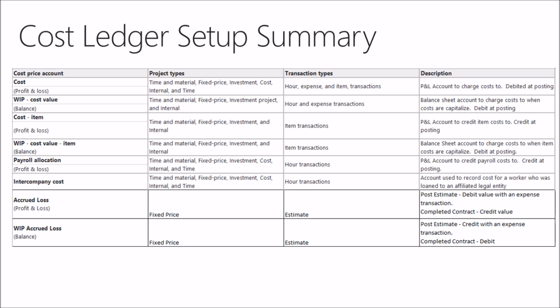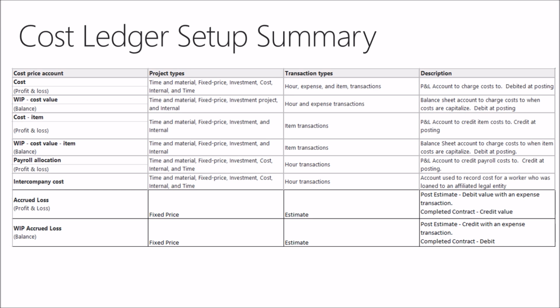And then the second column basically depicts the project types that posting type is applicable towards, and then which transaction types that posting type is applicable towards, and then a description. And the description, in my opinion, is the most important part of this, because it tells you that it's a P&L account that should be assigned to that posting type, and then when you post, it's a debit at posting, something like that if you're looking at that first row.